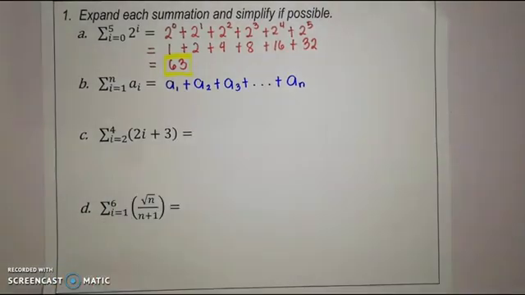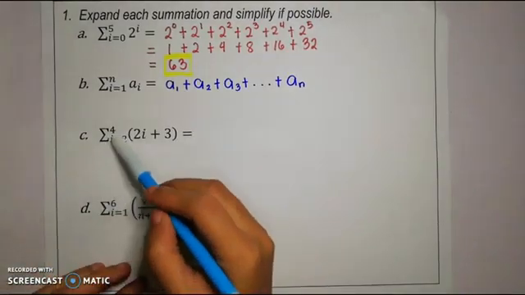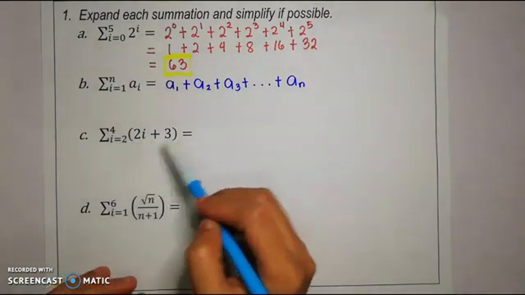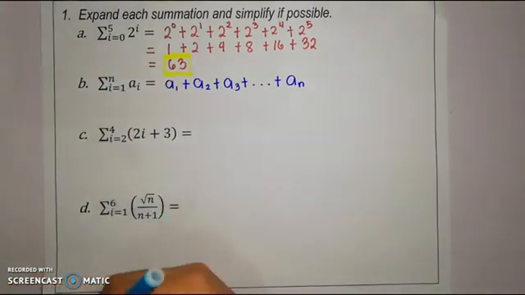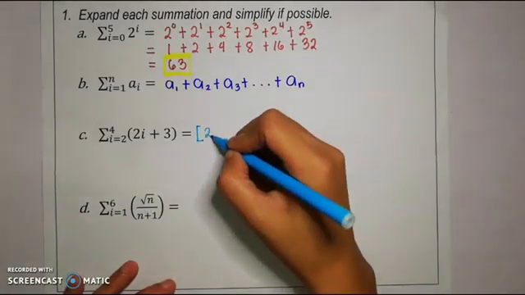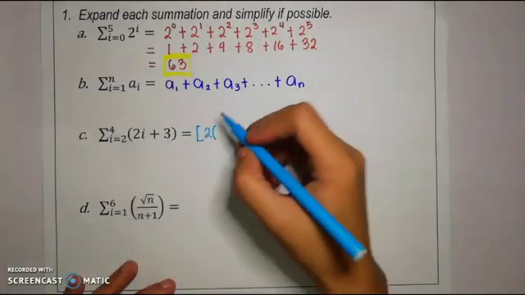Our third example is the summation of 2i plus 3 from i equals 2 to 4. We will expand this summation by replacing i with the values 2 to 4.